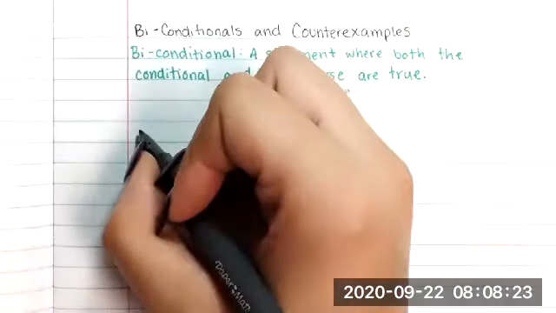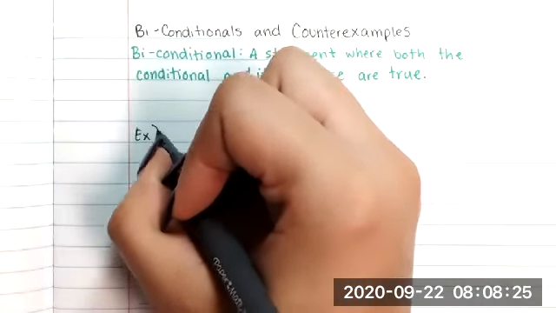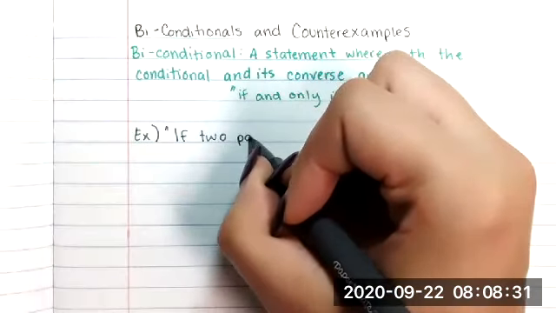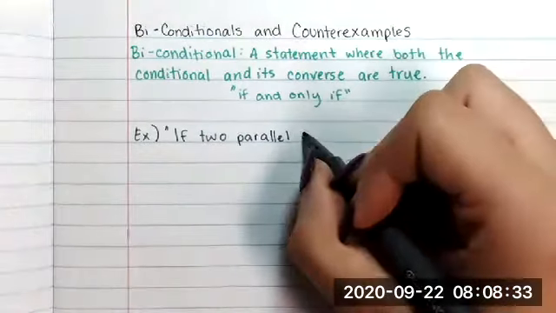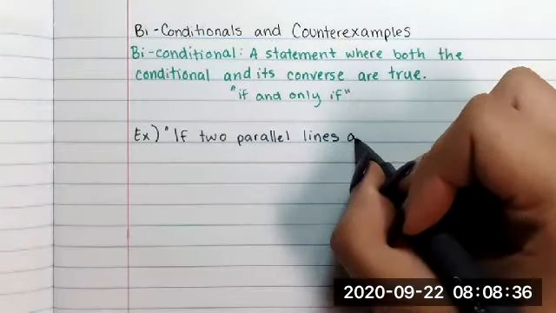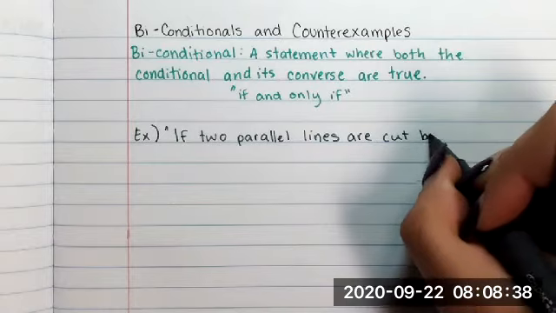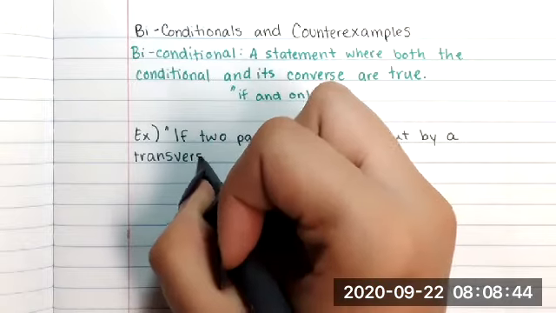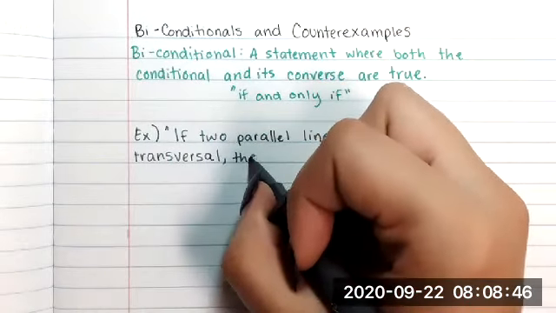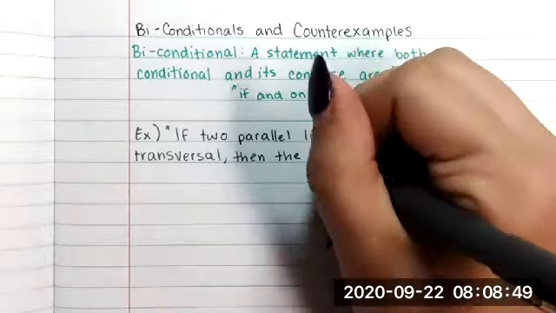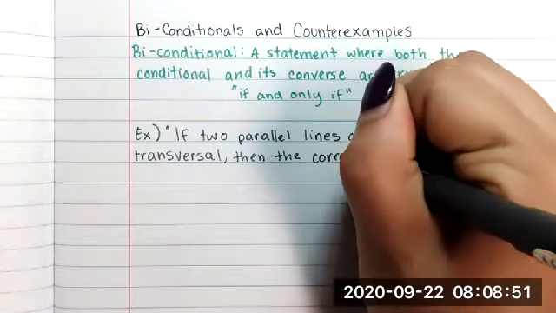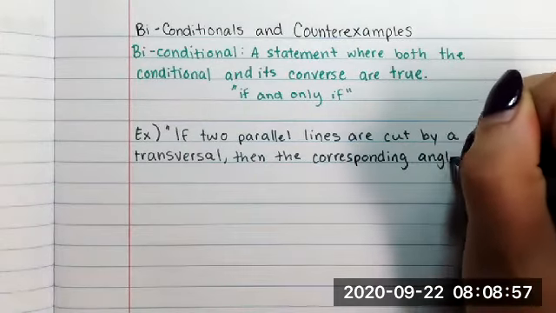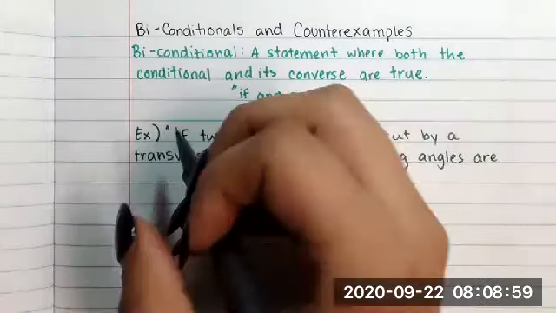So if we have, if two parallel lines are cut by a transversal, then the corresponding angles are congruent.